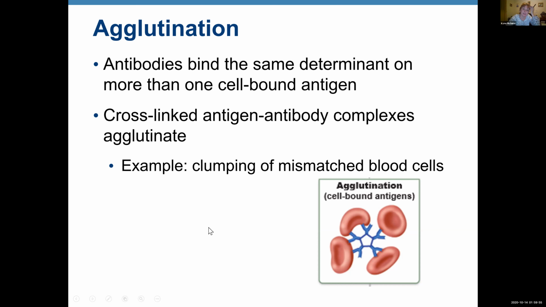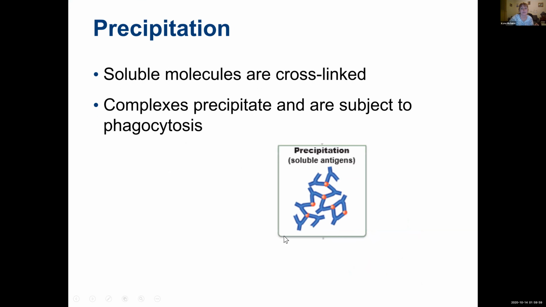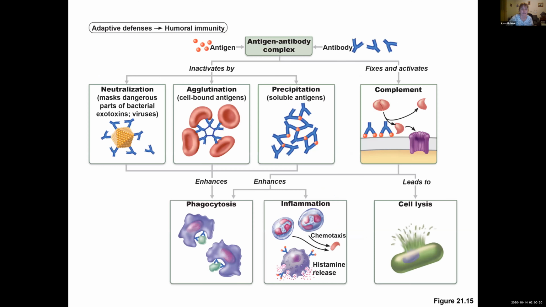An example would be clumping of mismatched blood cells. Precipitation is when we have soluble molecules and they are cross-linked with antibodies, and they precipitate. So from soluble, they become insoluble, and again they can be phagocytized, subject to phagocytosis.